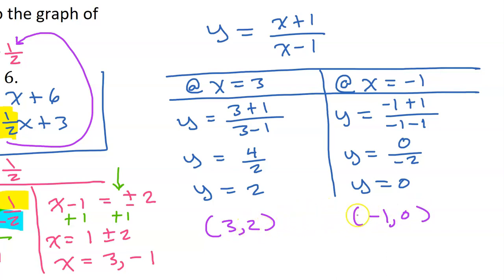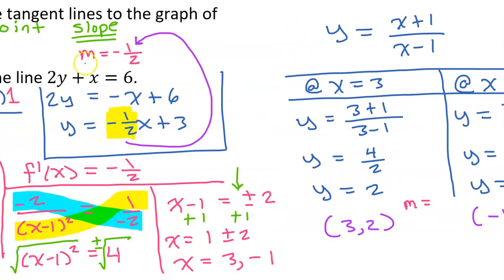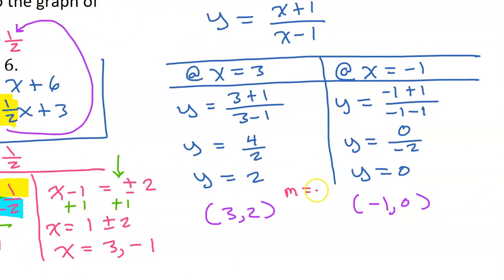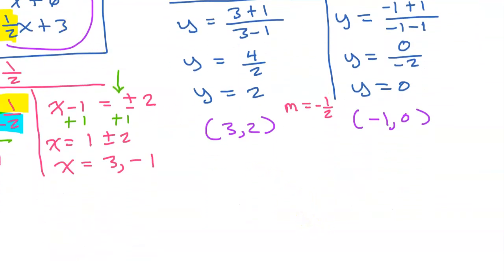So we have these points, and don't forget we already knew that the slope, just going to squeeze it in here, we already knew that the slope was -1/2. So with this information, we can go ahead and write two tangent line equations.